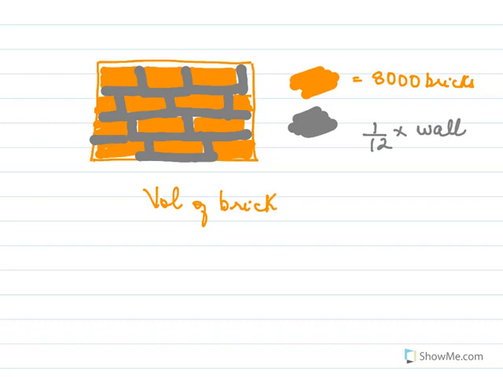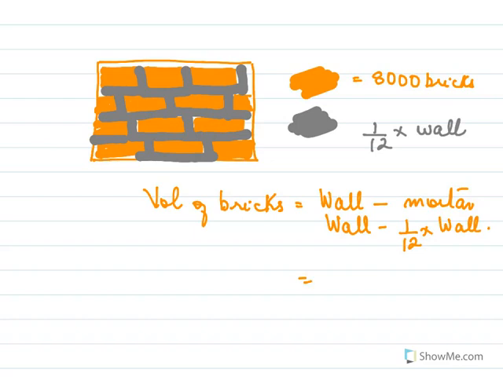what we needed to do was find the volume of the wall and minus the mortar. That means it was wall minus 1/12 of the wall, because they said the mortar was 1/12 of the wall, and then what we got was the volume of the bricks, which was 16.5 meter cube.